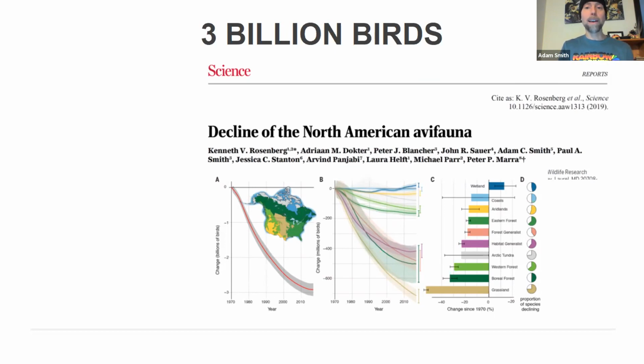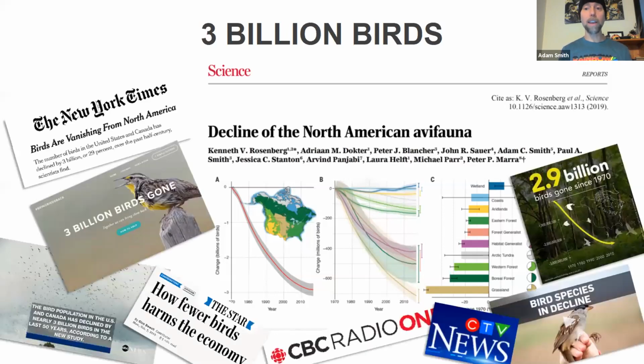That analysis taught us a lot about how bird populations have changed over the last 40 or 50 years. It also taught us how compelling that kind of population size and change in the number of birds is to the public and to decision makers. Putting a number on it had absolutely staggering communication potential.